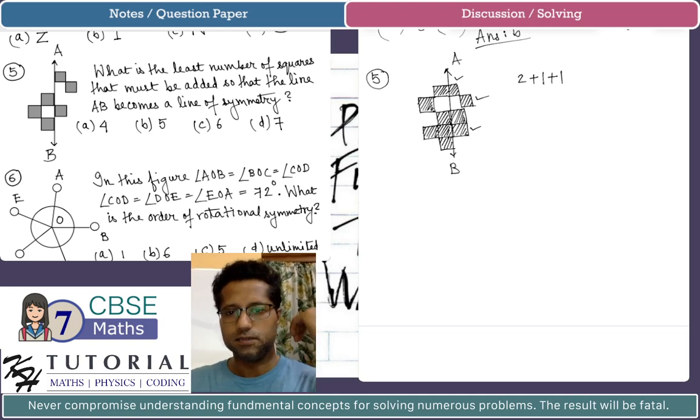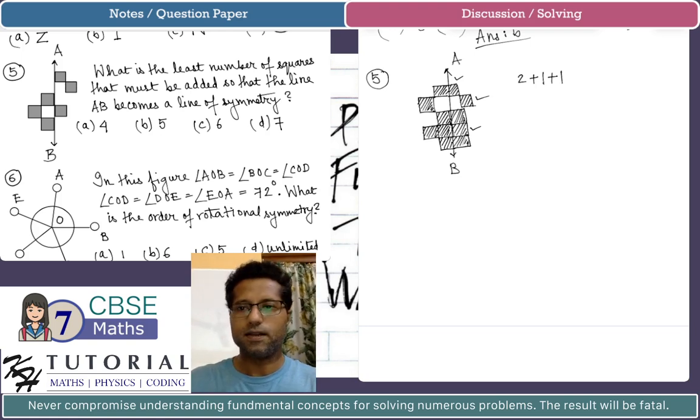Now I can see this square, that is the square to the right hand side of the tick mark which I just made. It also needs to have its corresponding square on the right hand side. So there has to be a square like this. So I added one more square.